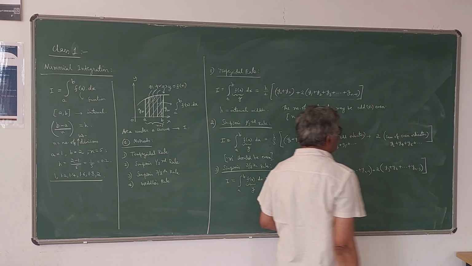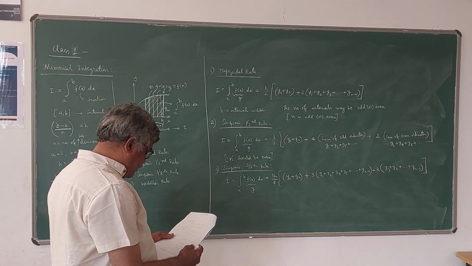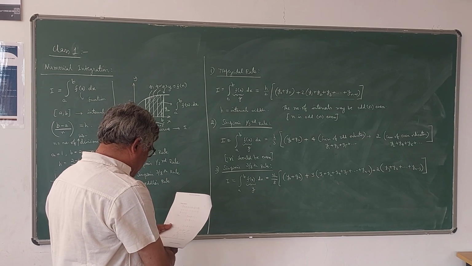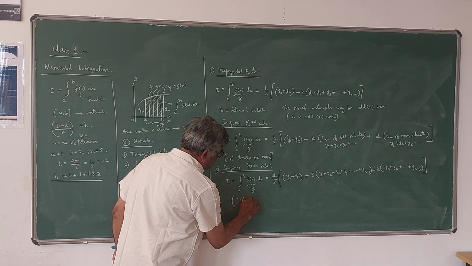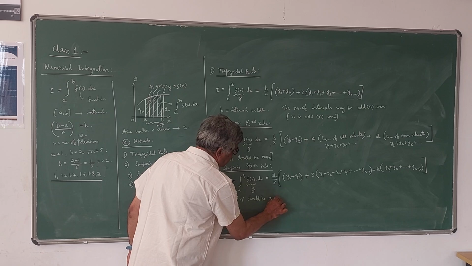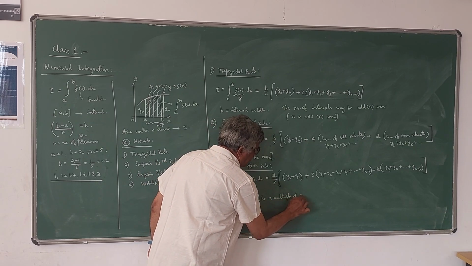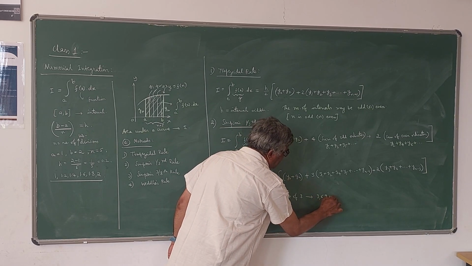Yes, this is Simpson's 3/8. Here also the number of divisions or subintervals should be a multiple of 3. What do you mean by a multiple of 3? It will be 3, 6, 9, 12. Okay?